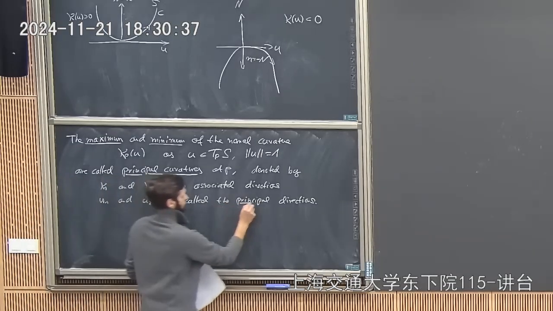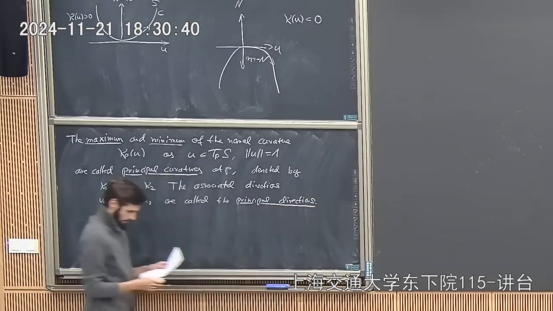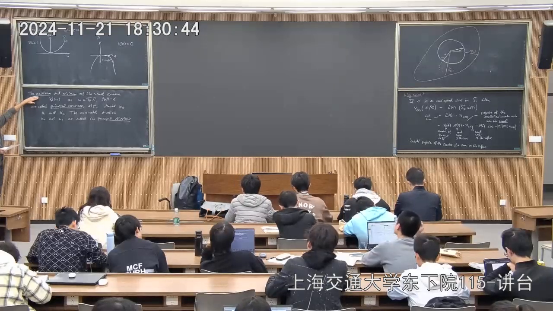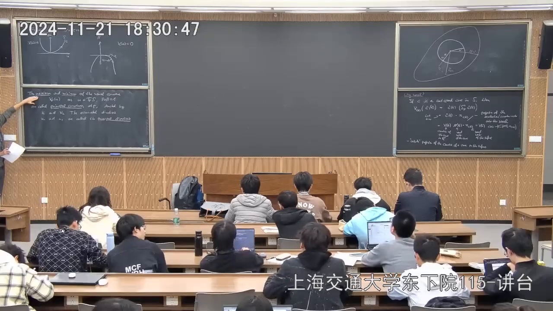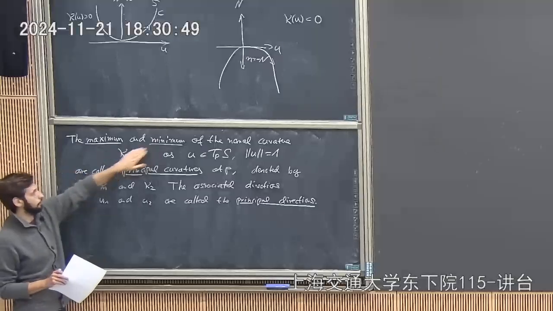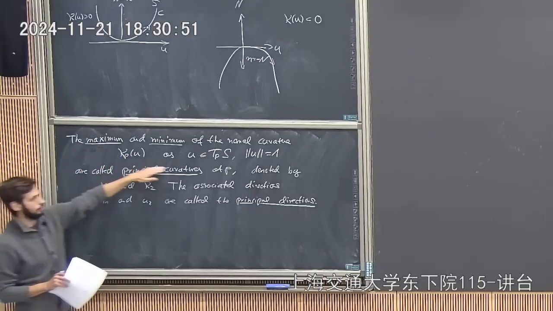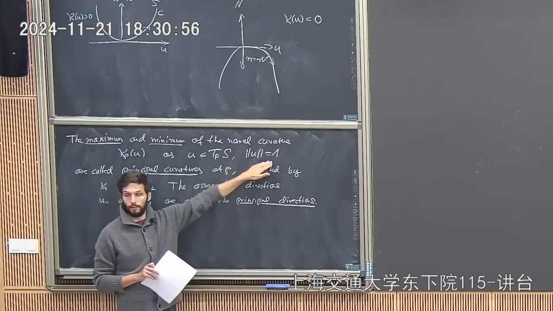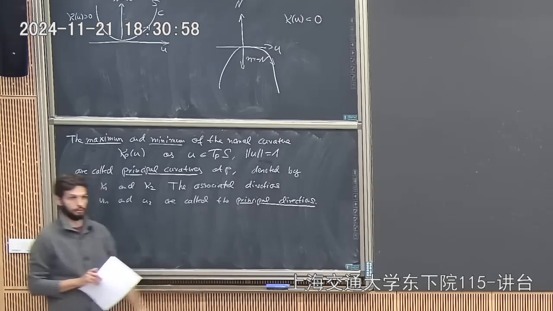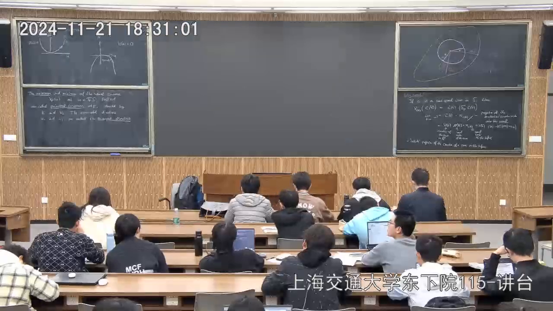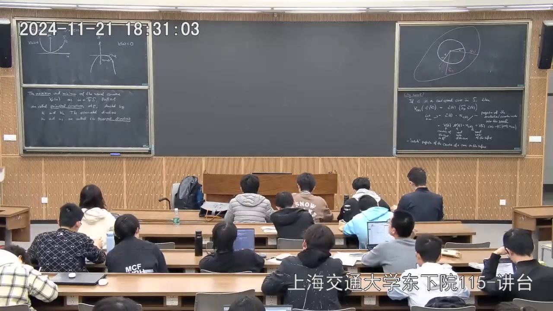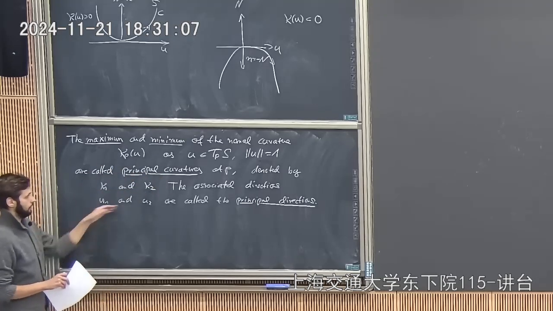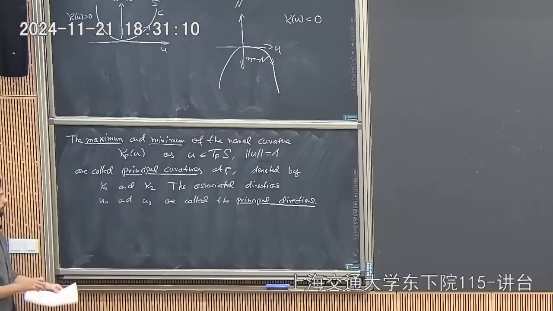Just as a side remark for the mathematically oriented audience, of course we have to check that a minimum and a maximum exist, but that essentially follows because we restrict to unit vectors, and by compactness a continuous function on a compact set has a maximum and a minimum. That ensures that we have two numbers which are really realized also by two vectors.